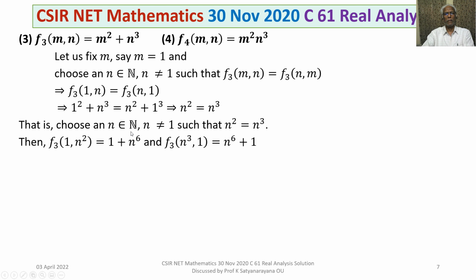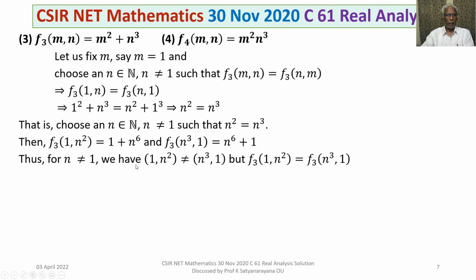So f3 of 1 comma n square will be 1 plus n power 6, and f3 of n cube comma 1 will be n power 6 plus 1. They are equal. So for n not equal to 1, we have 1 comma n square not equal to n cube comma 1, but their images are equal.